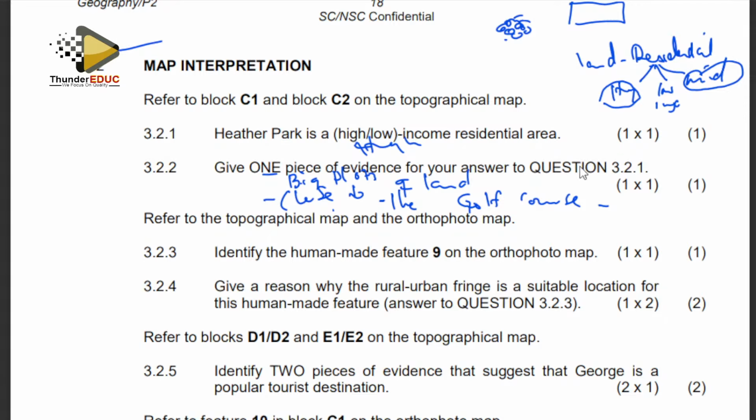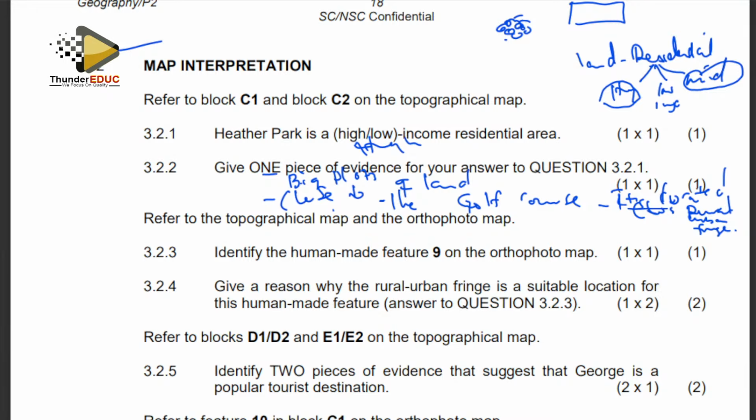So you find that the people who are rich are the ones that go that other side next to a golf course. So you can also give another evidence as it is located within the rural urban fringe. So in that sense, you'll get all your marks. Okay, remember it's a 1 mark question.